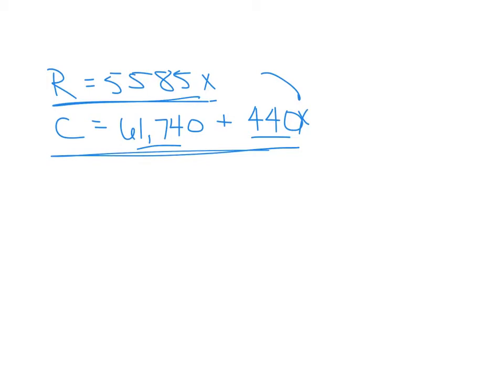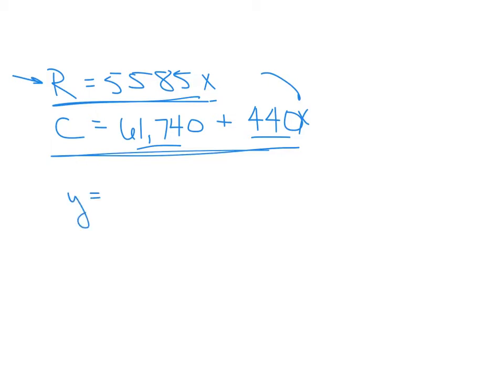Okay, so again, I'm in example 1. It says, find the number of thousands of tons of the product that gives break even and how much the revenue and cost are at that level of production. Instead of using R, sometimes it's easier to use y.